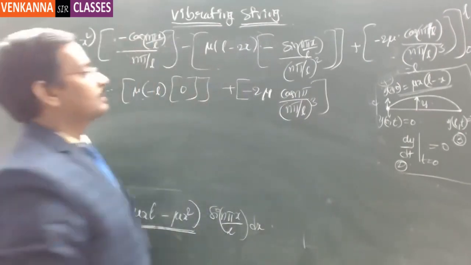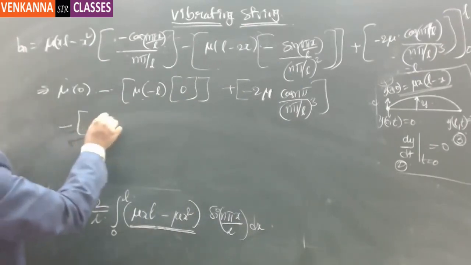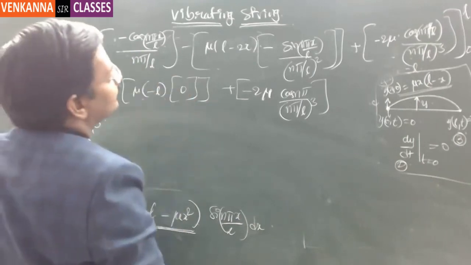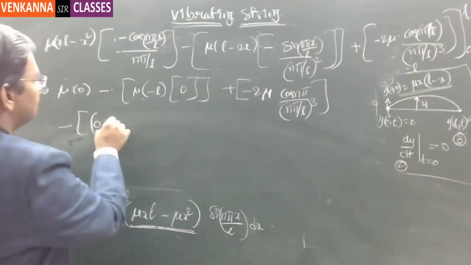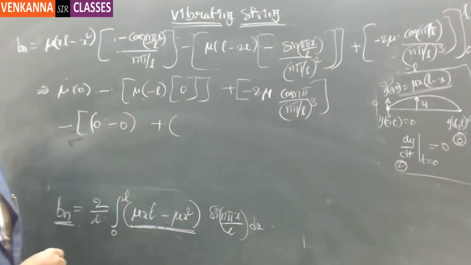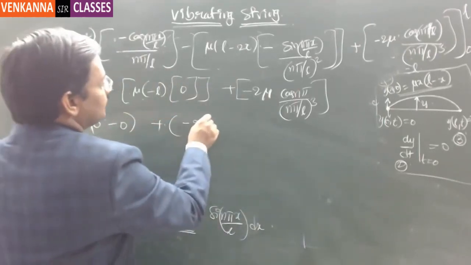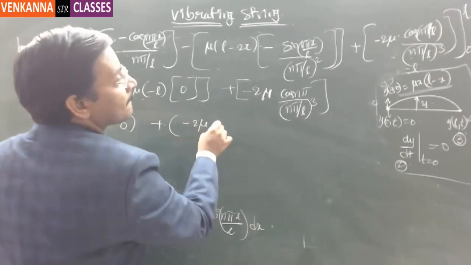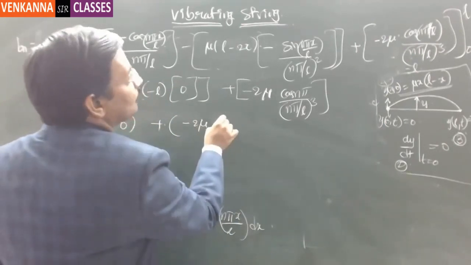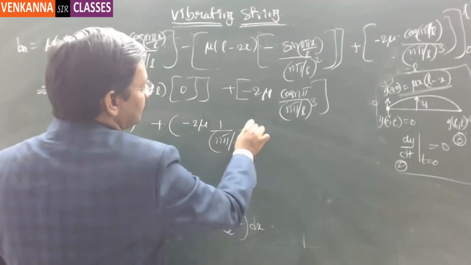Got it? Minus the lower limit: this value is 0, and this value is mu L times 0, so this is also 0. Plus the last term, minus 2 mu times 1 by (n pi by L) whole cube.